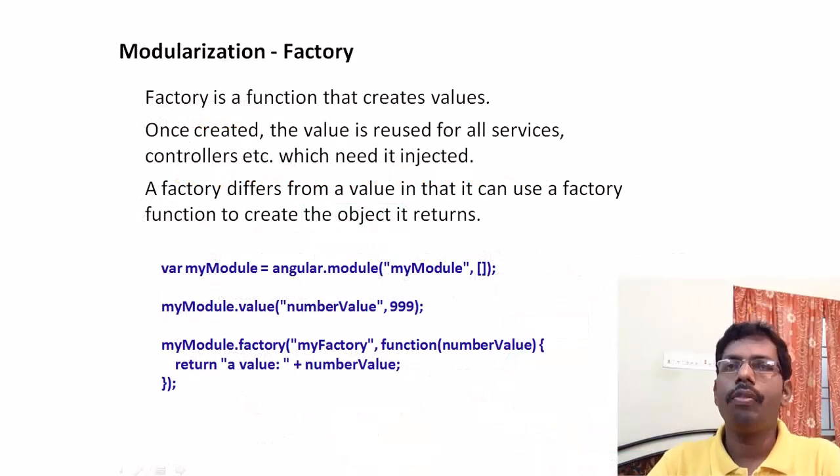Next one is factories. A factory is a function that creates values. Once created, the value is reused for all services, controllers, etc. which need it injected. A factory differs from a value in that it can use a factory function to create the object it returns.